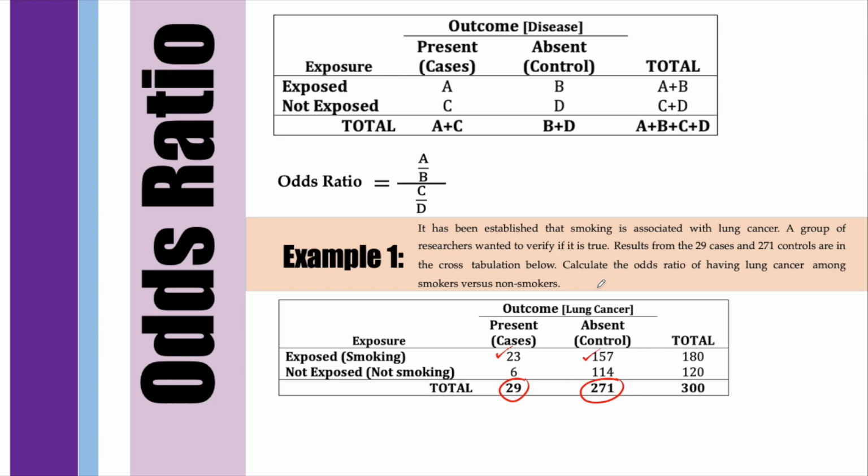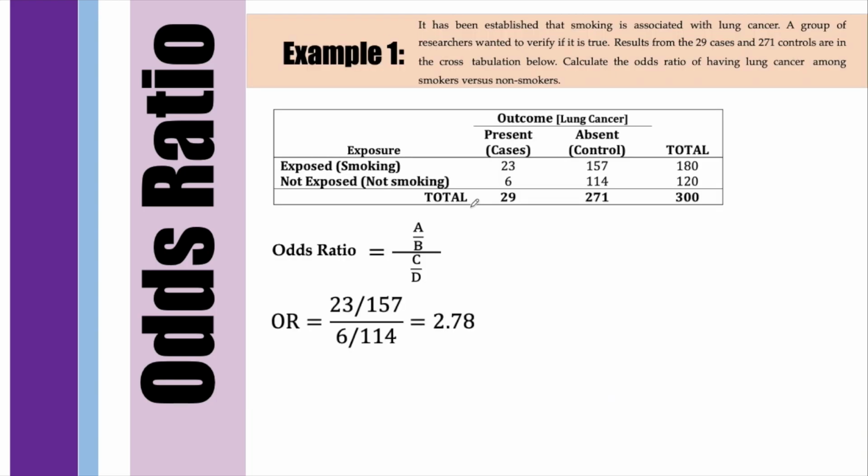Let's calculate the odds ratio. So this will be your A, this will be your B, this will be your C, and this will be your D. So applying that here, we're going to have 2.78. What does that 2.78 indicate?